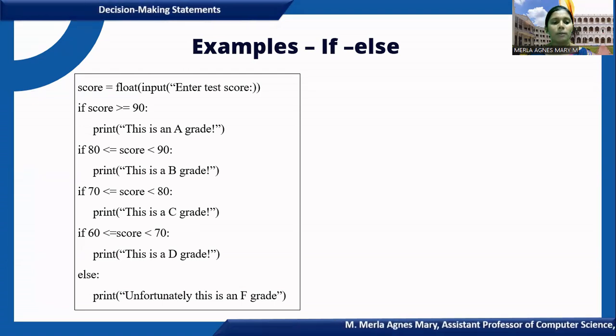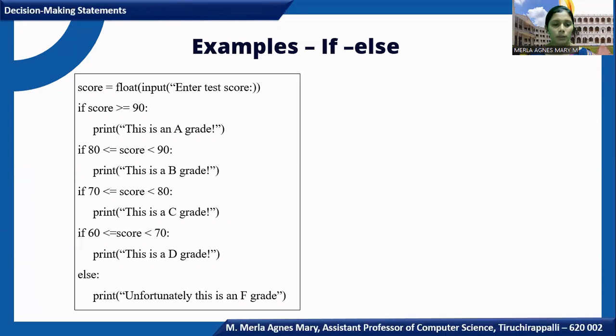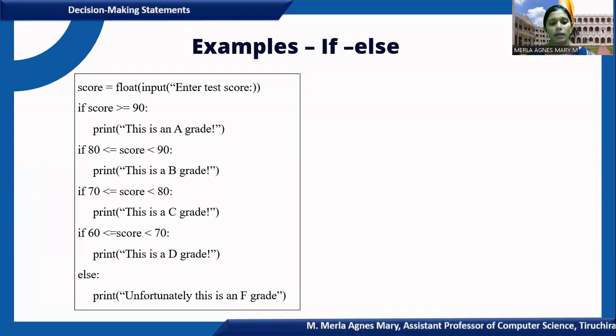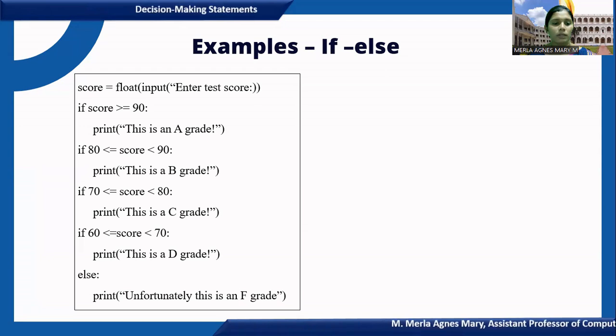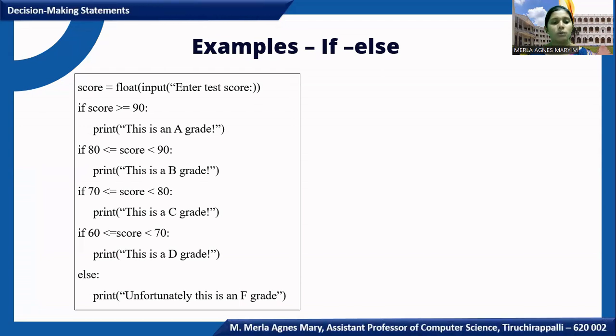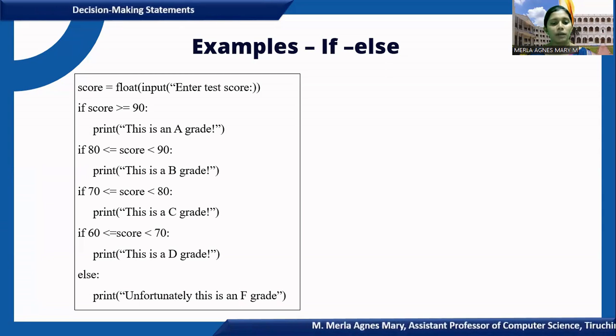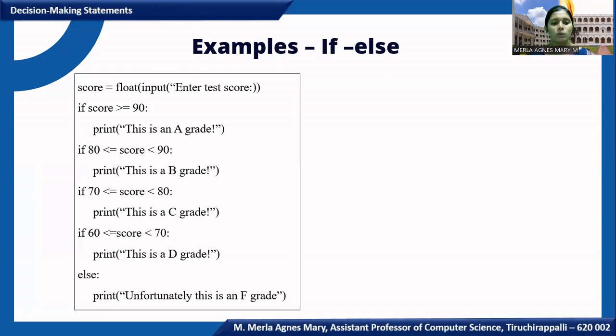Then the fourth condition is: if the given score is above 60 and below 70, the statement will be printed as this is the D grade. If the given score is below 60, the statement, unfortunately, this is an F grade, will be printed. So based on the given conditions, if the four conditions are false, it moves on to the else part.